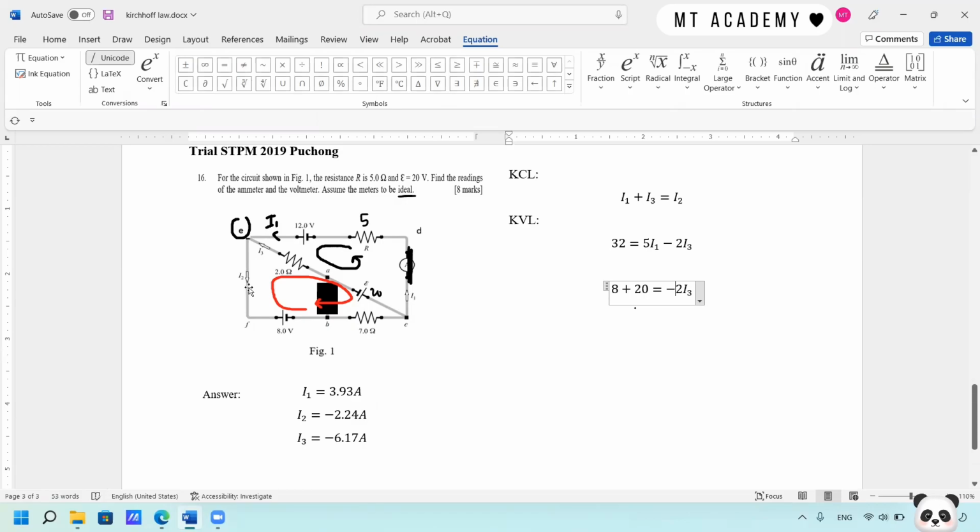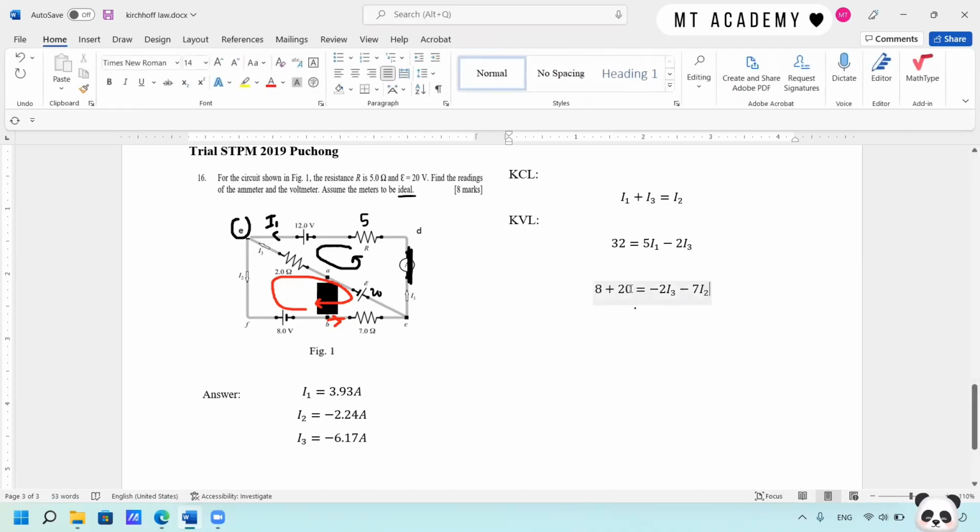And then we also have negative 7 multiplied by I2, because I2 is also not following the direction. Either clockwise or anti-clockwise, you will get a similar equation, just with different negative or positive signs. So here we have 28.